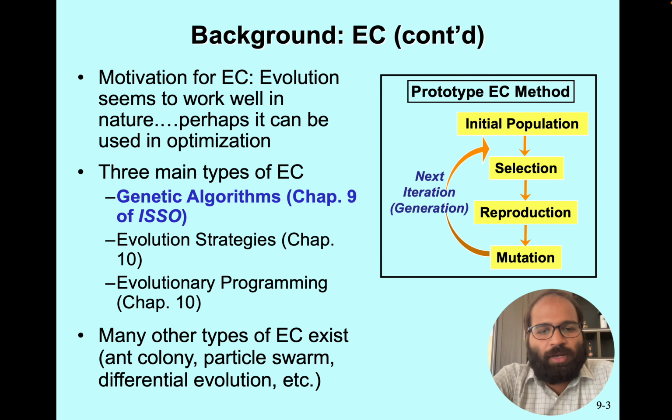This simple flow chart represents the steps involved in evolutionary computation. The process begins with initial population creation.